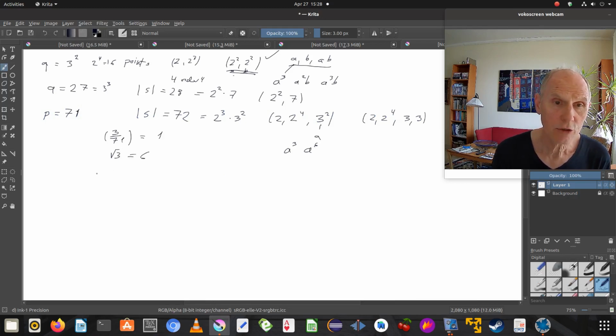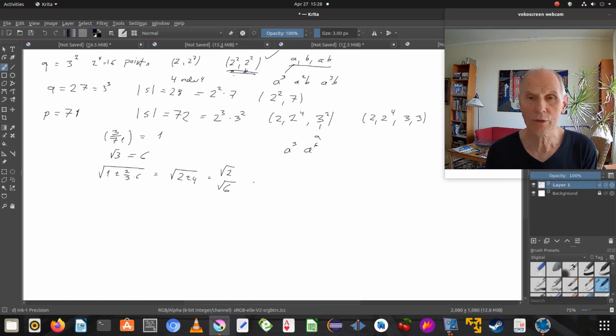The next square roots we should check was 1 plus minus 2/3 times 6. So, do they lie in the field? And we can do that by explicit calculation.